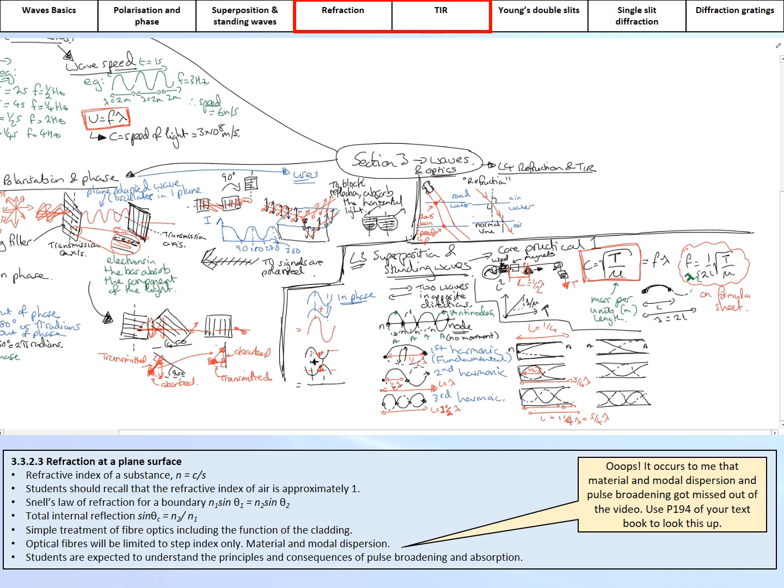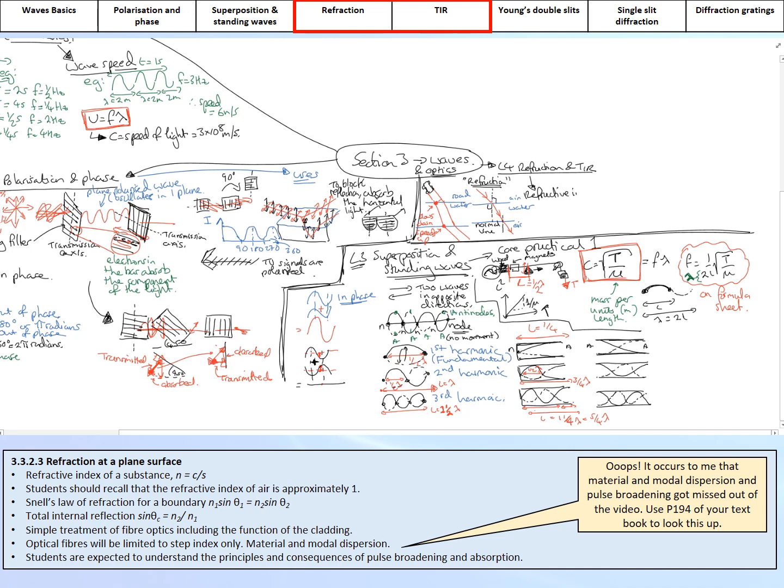Now, before we move on to use some formula that describe that, we need to talk about something called the refractive index. And the problem with this is that it's very easy to lose sight of what it is when we give it a name. So, let's write it out like this.